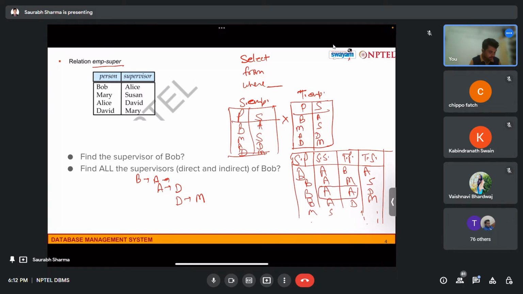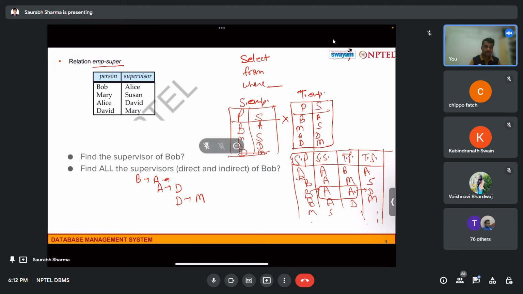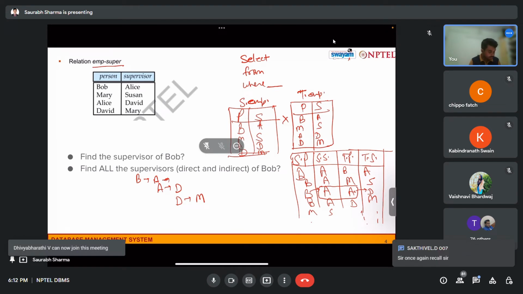Then only we can get the supervisor of A. A is the supervisor of B, and D is the supervisor of A. In this way, similarly, there will be an entry for AD, so we will get D.